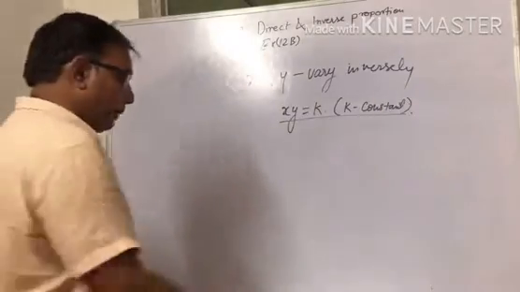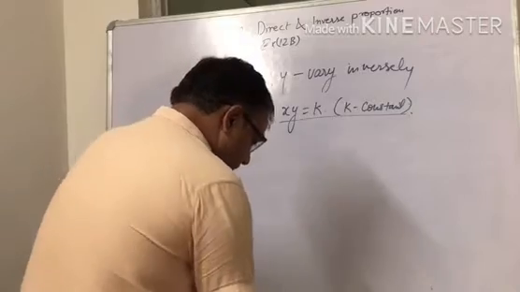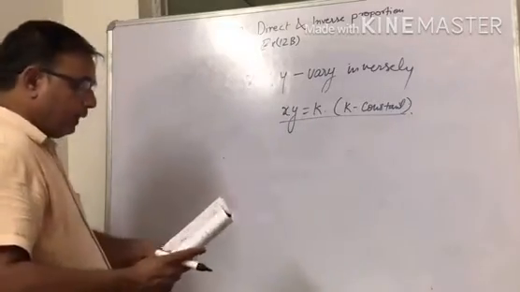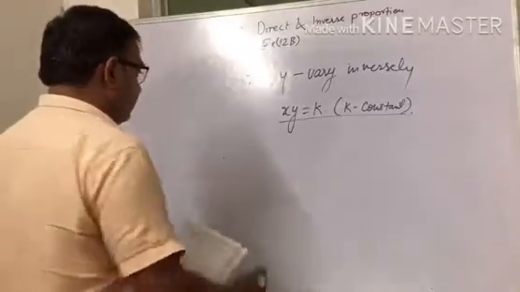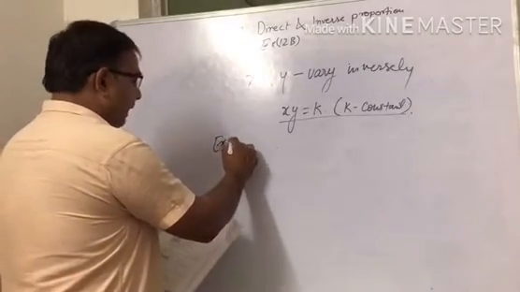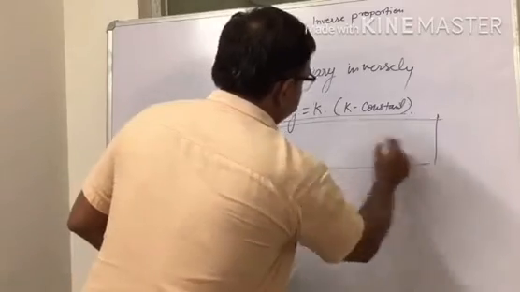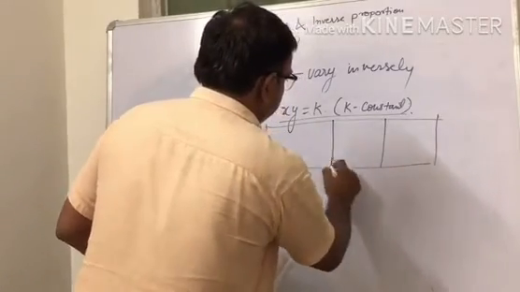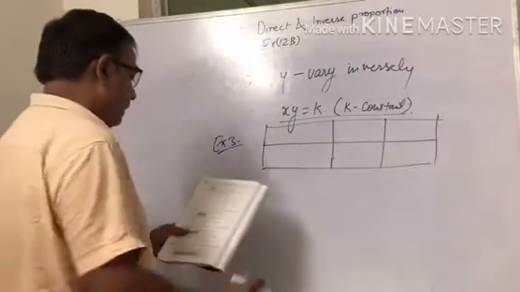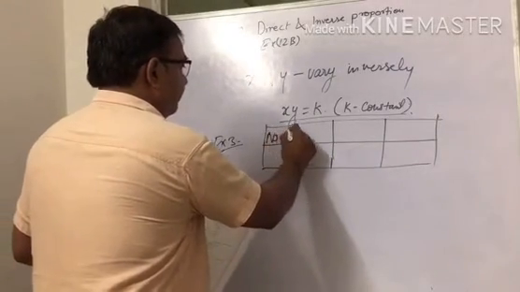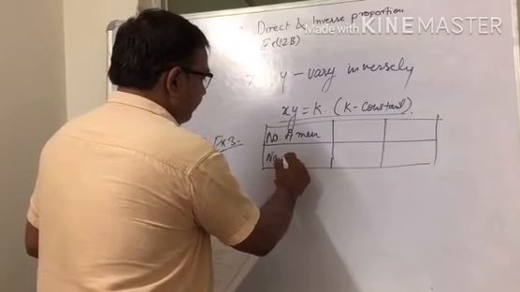Let us take an example that is given in our book. See, if 45 men can do a piece of work in 49 days, it is example number 3. See, the table is like this: number of men, number of days.